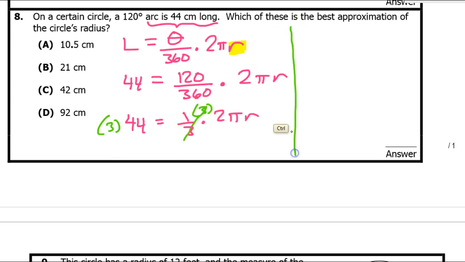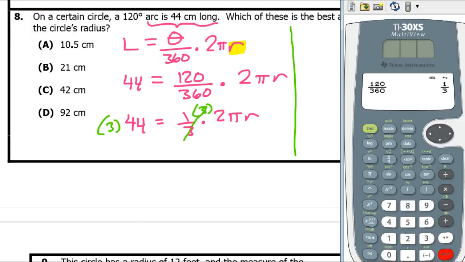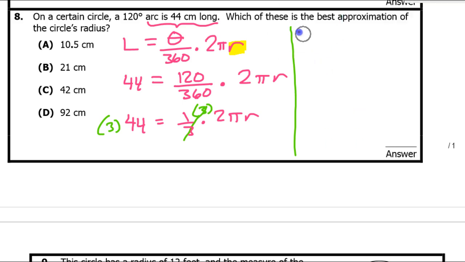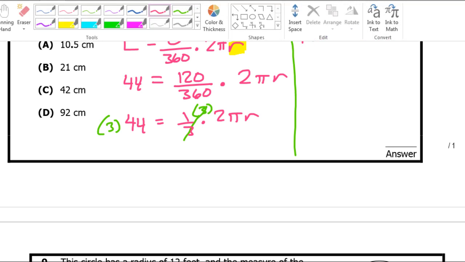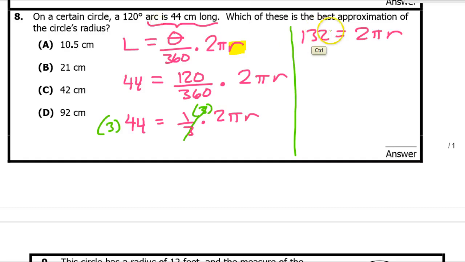So that leaves me with 3 times 44. Let's check into that first. That's 132. So that leaves me with 132 is equal to 2 pi r. I'm trying to get r by itself. So I'm going to divide both sides by 2 pi.